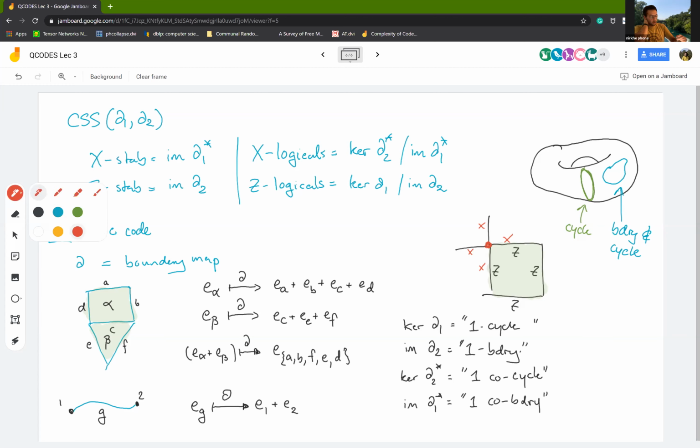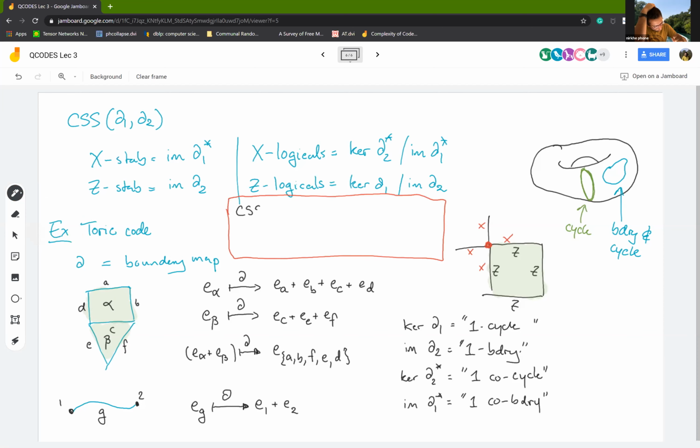All right. So this actually leads us to a very specific point, which is our CSS code contains logical qubits if and only if the kernel of delta 1 does not equal the image of delta 2.